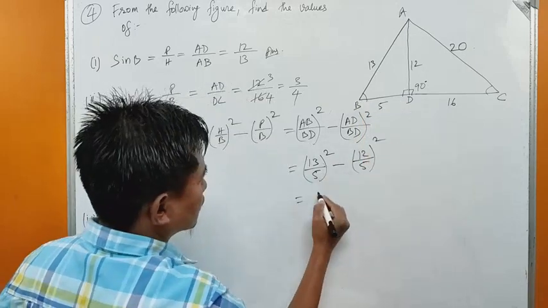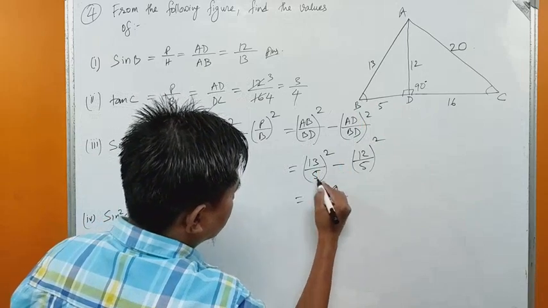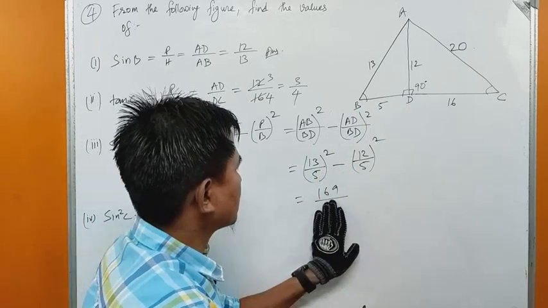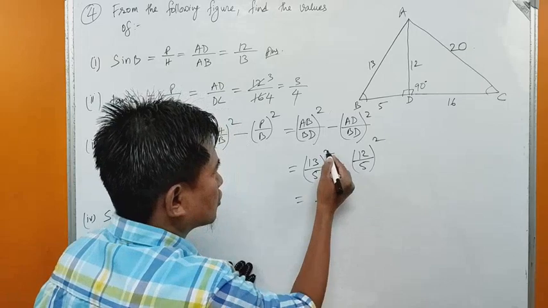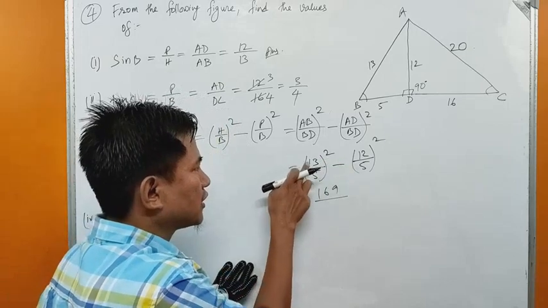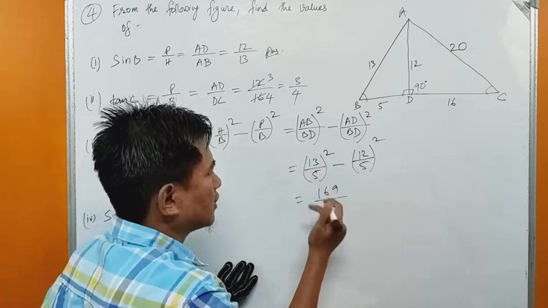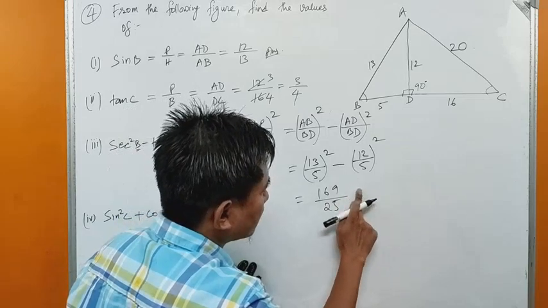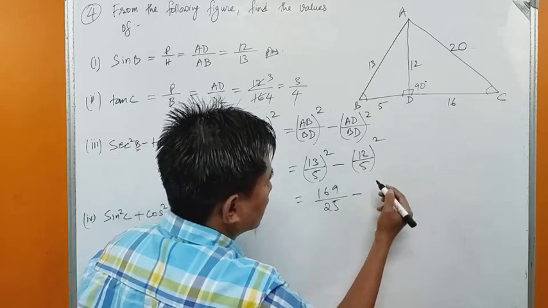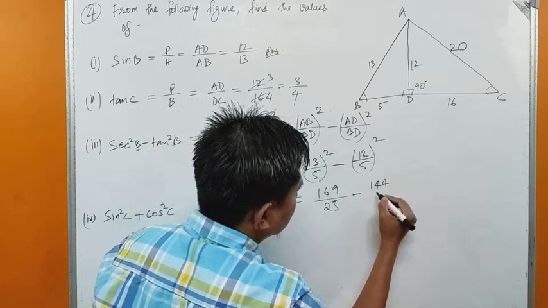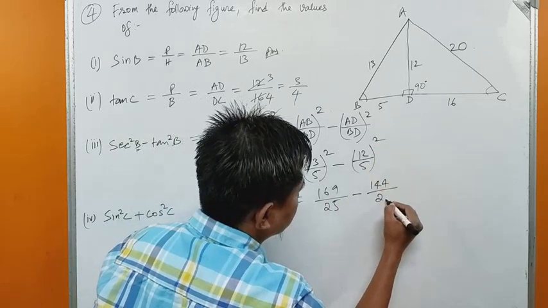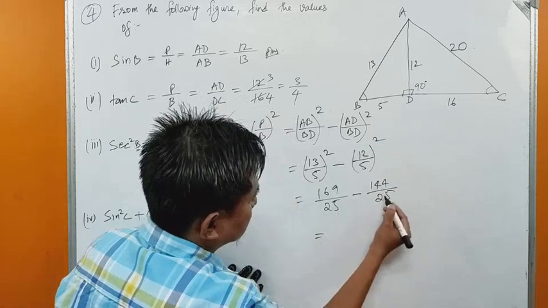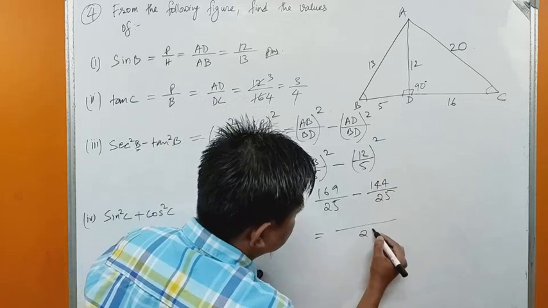So 13 squared is 169 upon 5 squared, which is 25. The square applies to both 13 and 5. Minus 12 squared, which is 144, upon 25.